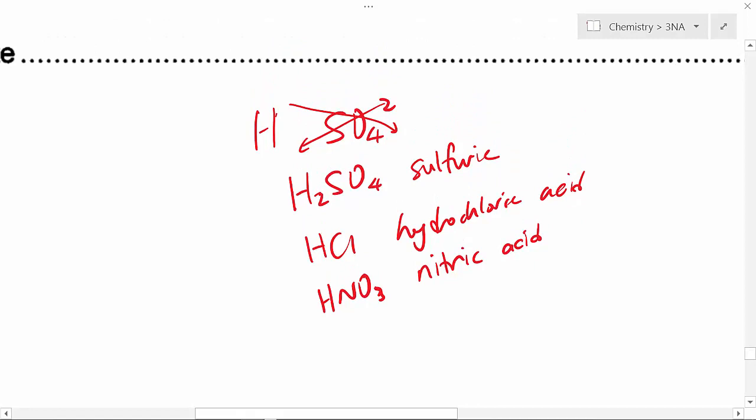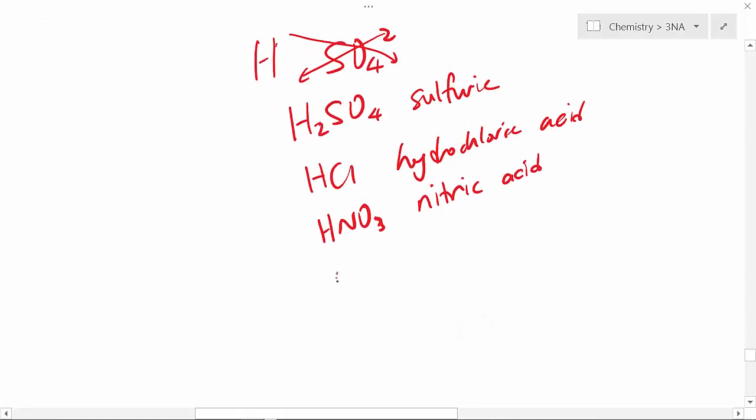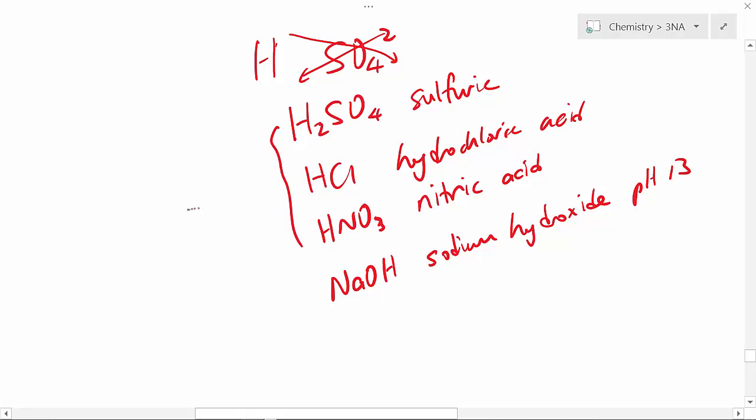Right, you need to know 2 alkalis. Okay, a very commonly used one is sodium hydroxide, NaOH. This is sodium hydroxide. And this has a pH of about 13. Okay, and these three acids are about pH 1 to 2.